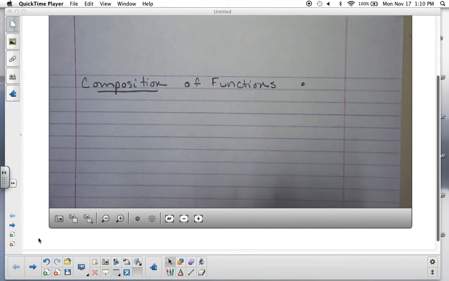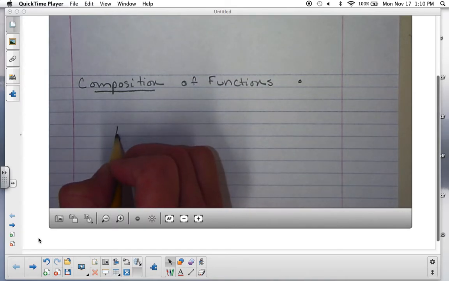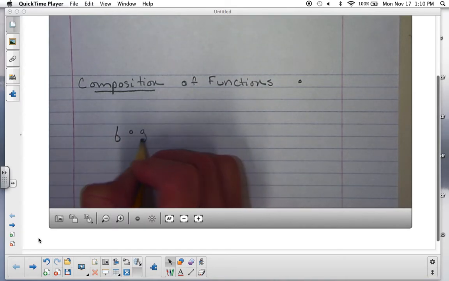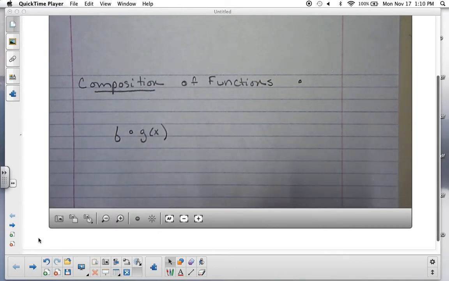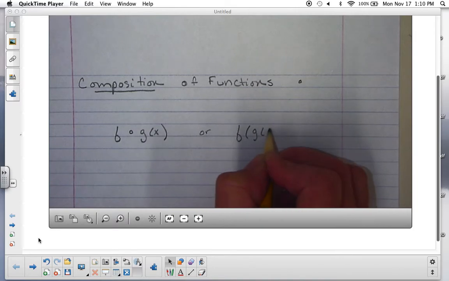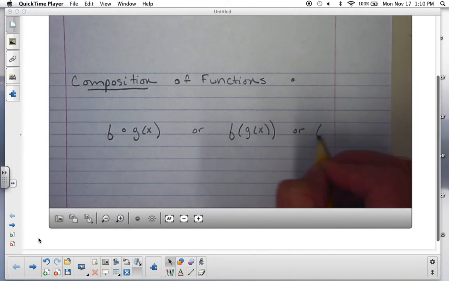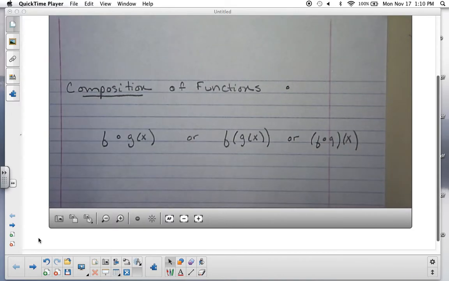So if we've got a function f of x and a function g of x, they could ask you for f composed with g of x. Or it might be written f of g of x. And all these things mean the same thing.